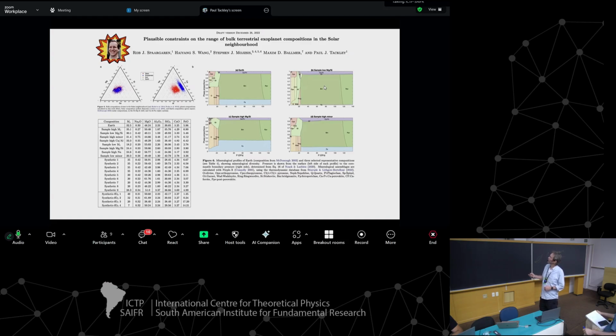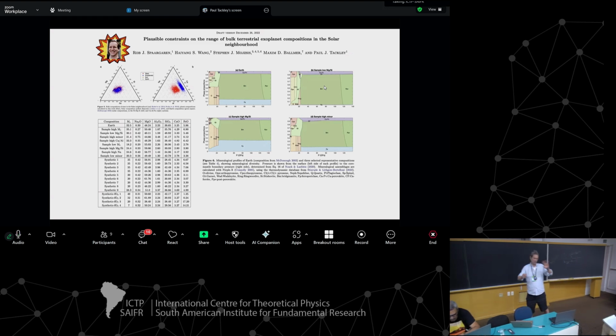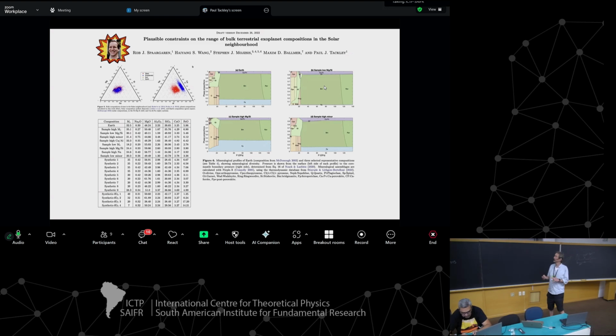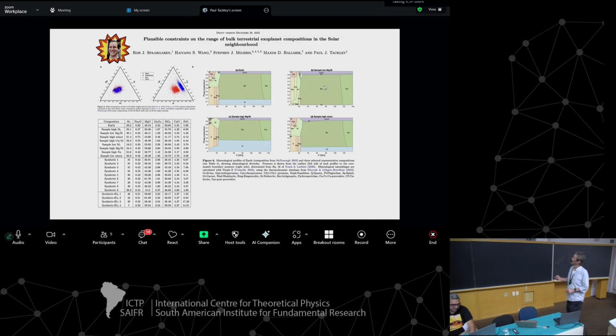So looking at the stellar abundances of the planet-forming elements, you can then go through a process similar to what Bill was talking about. You have to account for the volatility to then infer the planetary abundances of the planet-forming elements. And then you can come up with different possible planetary compositions. There's this table of 21 sample compositions that Rob came up with.